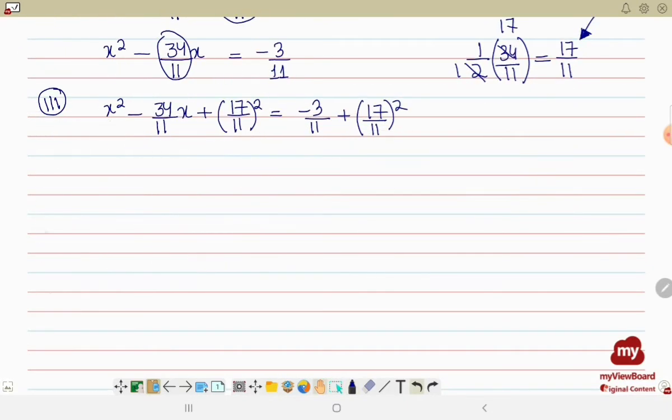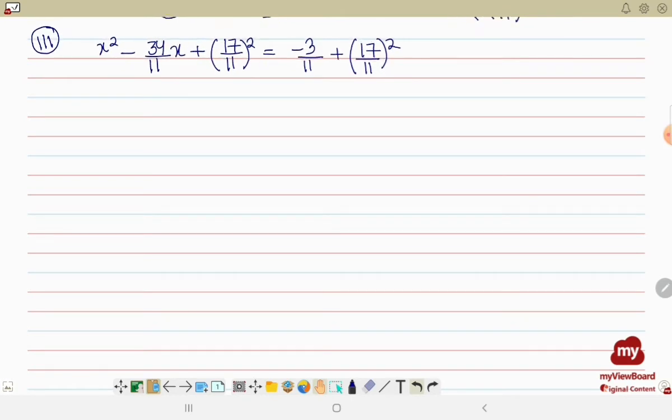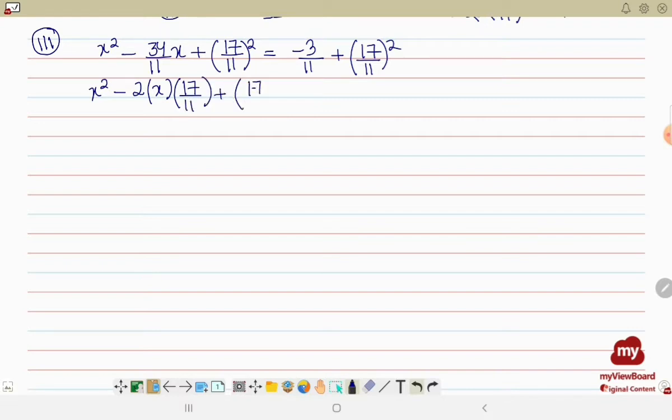Now if you see, in the third step, our terms are completed on the left hand side and we can easily complete the square. Let's use the second algebraic identity. The first term is x square minus 2xy. So let's make it 2 into x into 17 by 11 plus 17 by 11 whole square, and on the right hand side we'll just open up the square. 17 square means 289, and 11 into 11 means 11 square means 121.